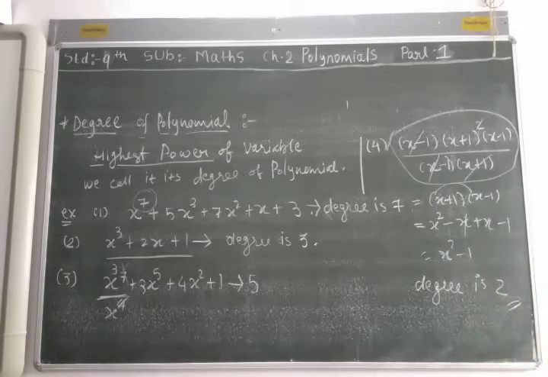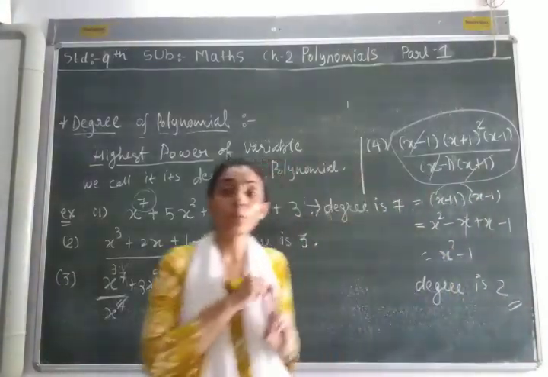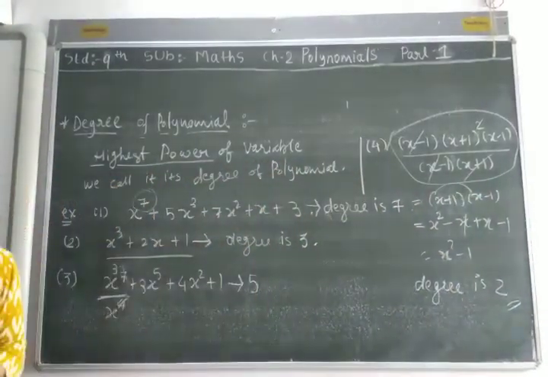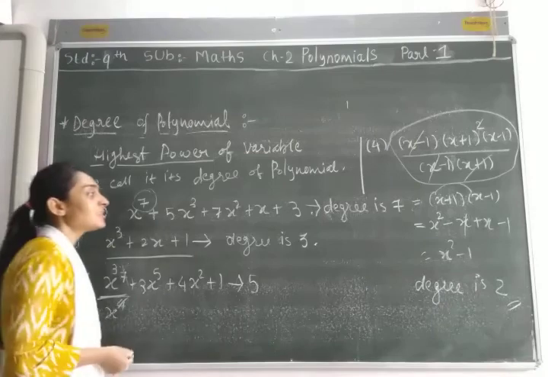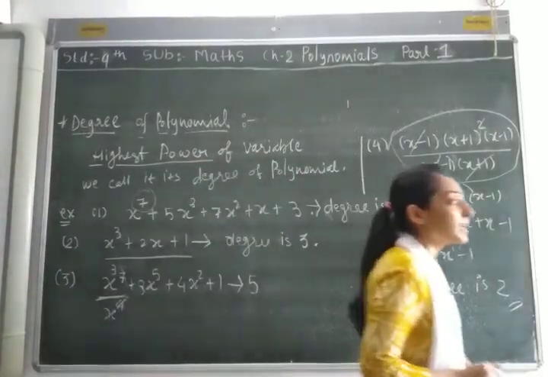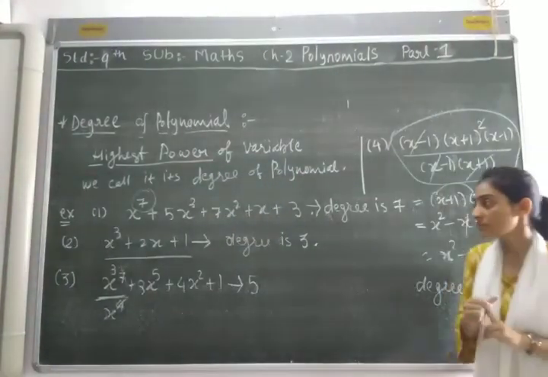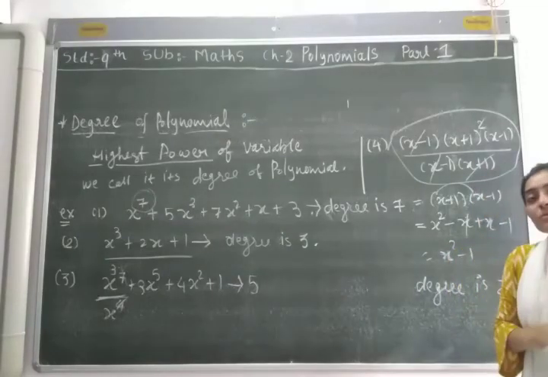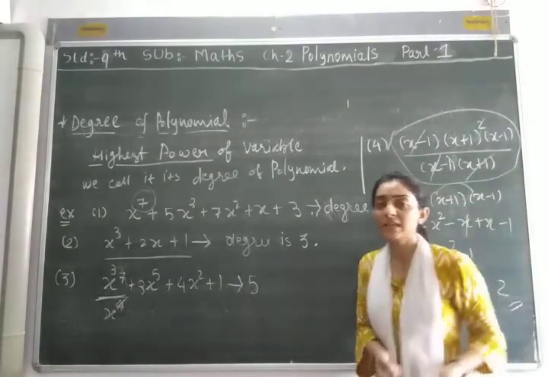While solving this type of question, first we see whether we can simplify it or not. Second, we check whether it is a polynomial or not. If it is not a polynomial, why are we wasting our time finding its degree?